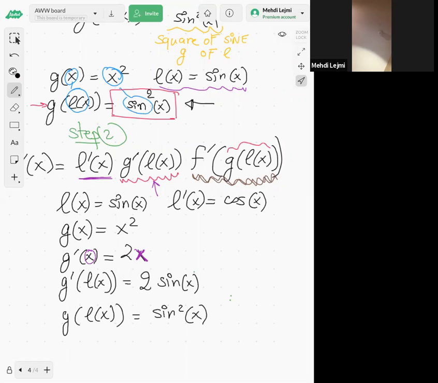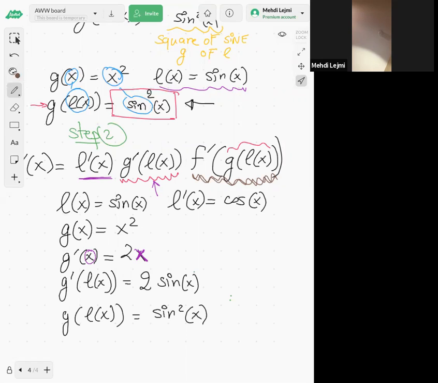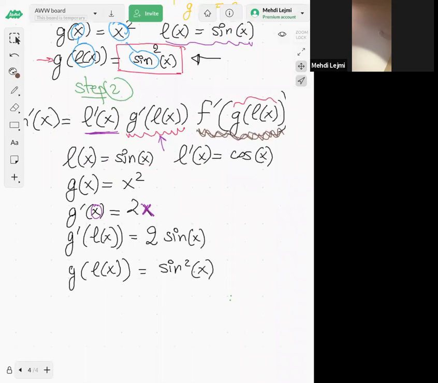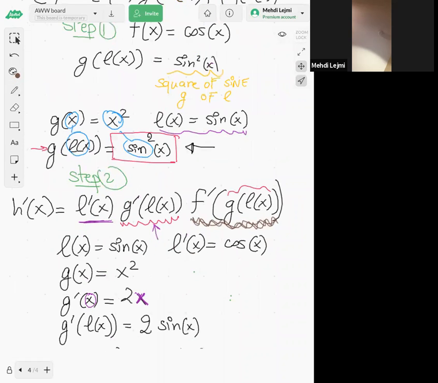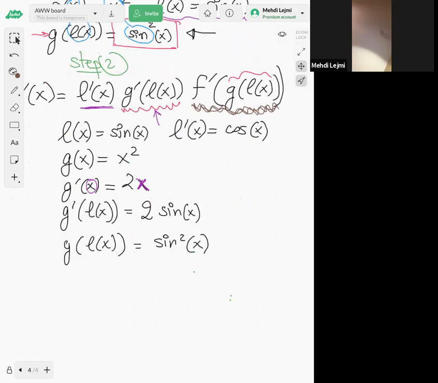Now I need f prime. We need f prime of g of l of x, right? So what's f prime? Well, f is cosine of x, so f prime, the derivative of cosine, is minus sine.